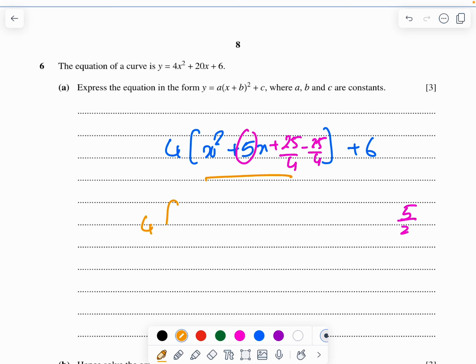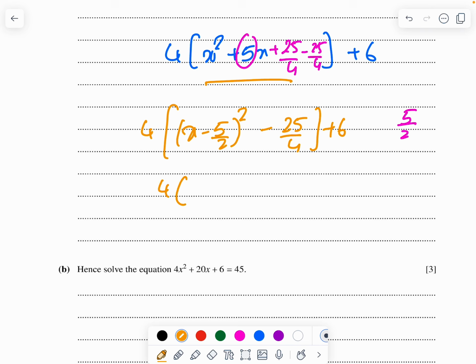So those three terms will become (x plus 5 upon 2) whole square minus 25 upon 4 plus 6. So 4 times (x plus 5 upon 2) whole square, multiplied, it becomes negative 25 plus 16 plus 6. So it becomes 4 of (x plus 5 upon 2) whole square minus 19.